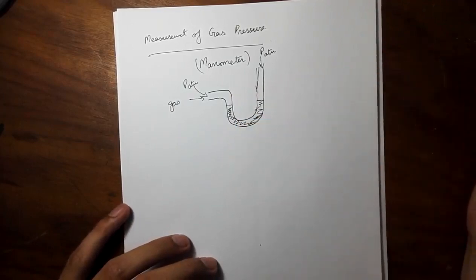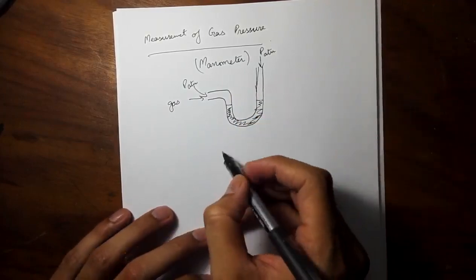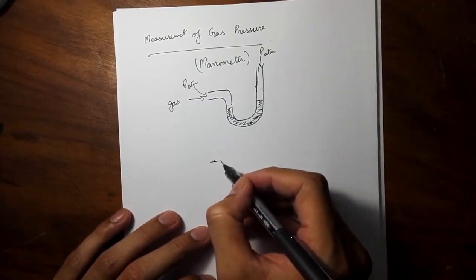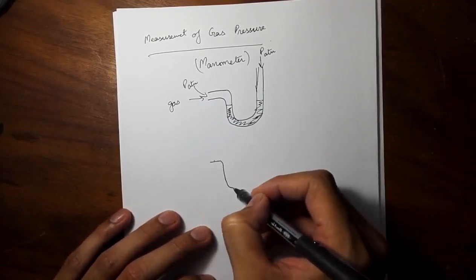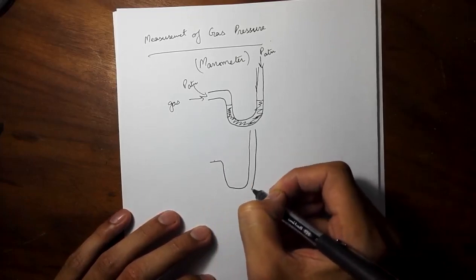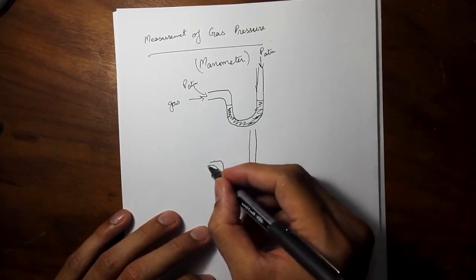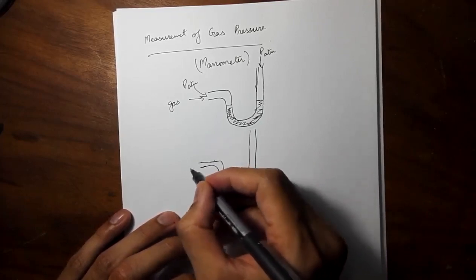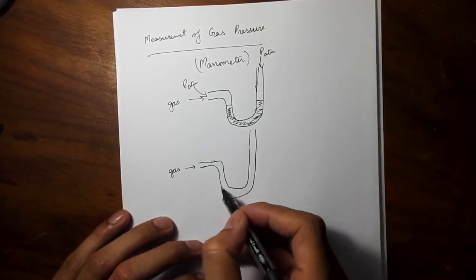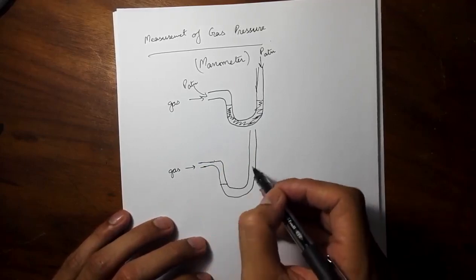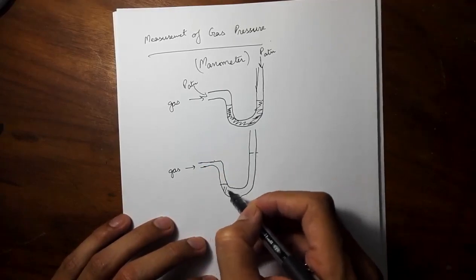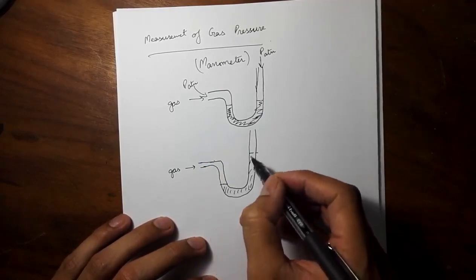Now after the application of gas, I draw a new figure. After the application of gas pressure, the level of the liquid rises from one end and decreases from the other end.